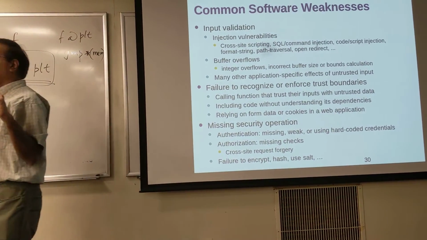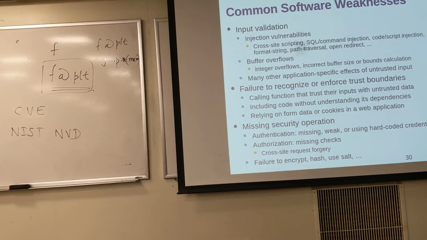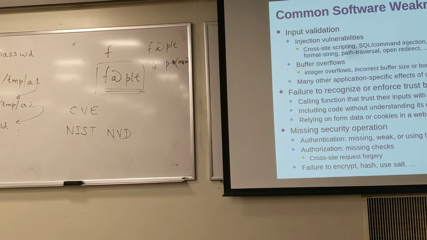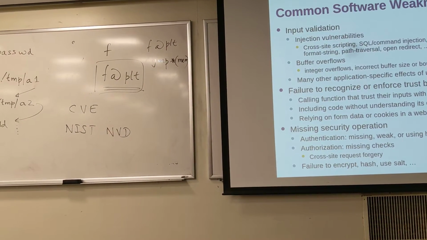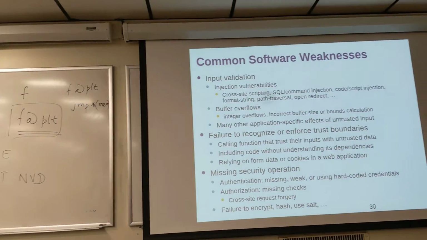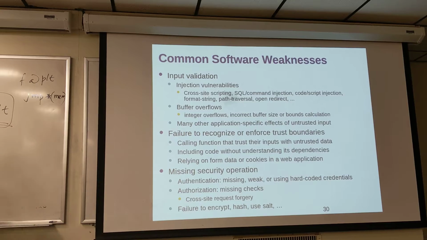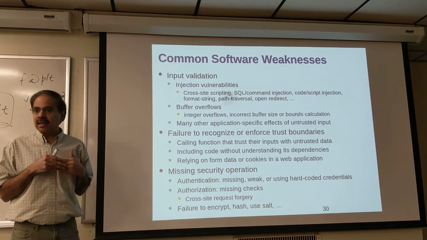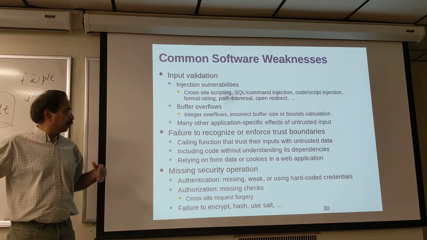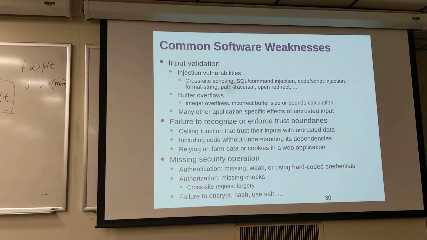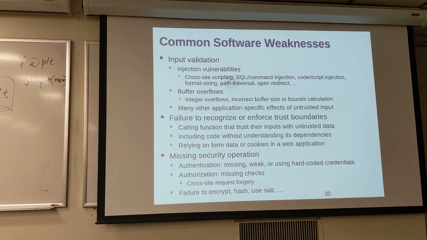So why do you have a SQL injection attack? Because there is a function that allows you to do a SQL query, and this function assumes that the input is benign. You trust the input. Now, if you construct a query string from untrusted input and call this function, why are you surprised that things don't work the way you expect?